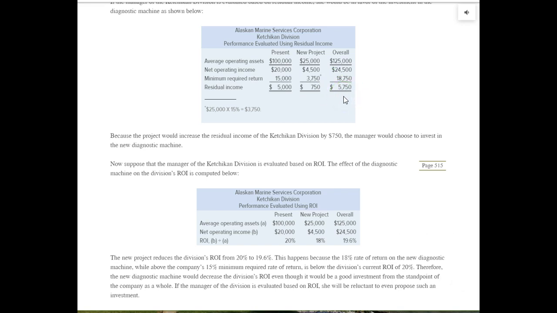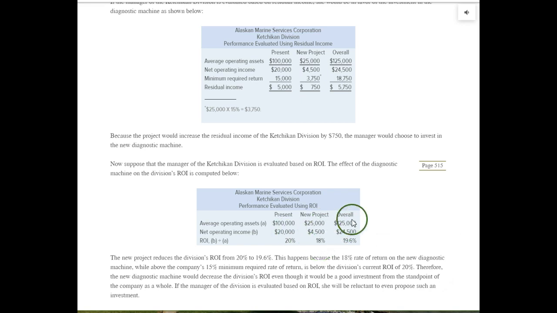So this looks good, right? What if we evaluated this manager just based on the ROI percentage? Let's look down here. Currently, we are generating 20%. The new project, when you look at its additional net operating income divided by the project investment, is only 18%.